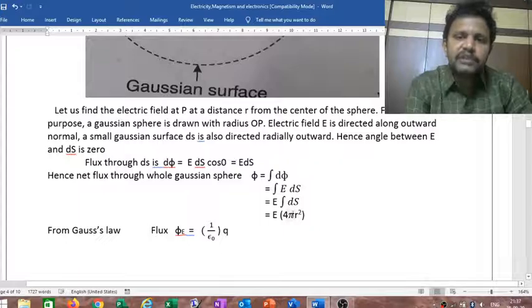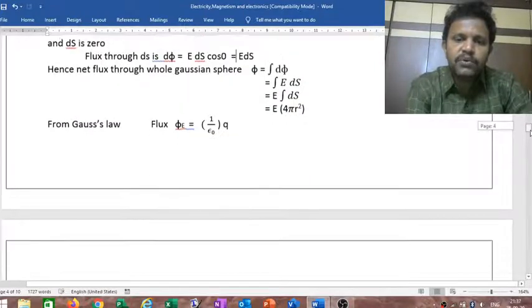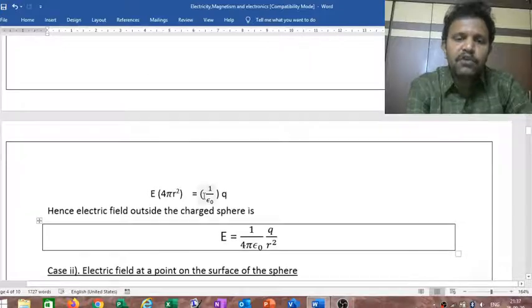Let us substitute this value into Gauss law. Gauss law, phi E is equal to Q by epsilon naught. We simply substitute E into 4 pi r square in the place of phi E. Then this equation becomes E into 4 pi r square is equal to 1 by epsilon naught into Q, or E is equal to 1 by 4 pi epsilon naught into Q by r square.